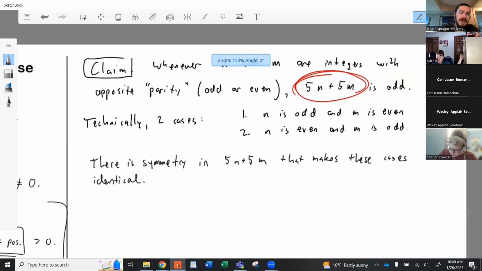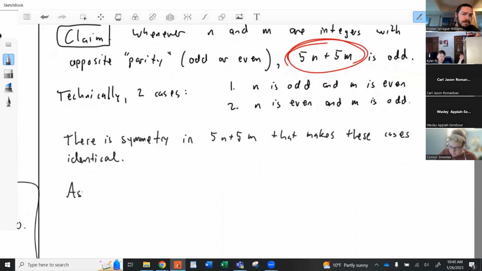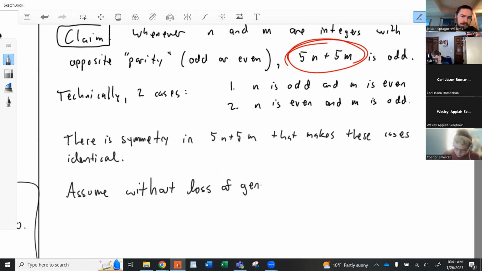And so we're going to begin our proof by saying, assume, and then I'll introduce this cool phrase, without loss of generality, that n is odd and m is even.